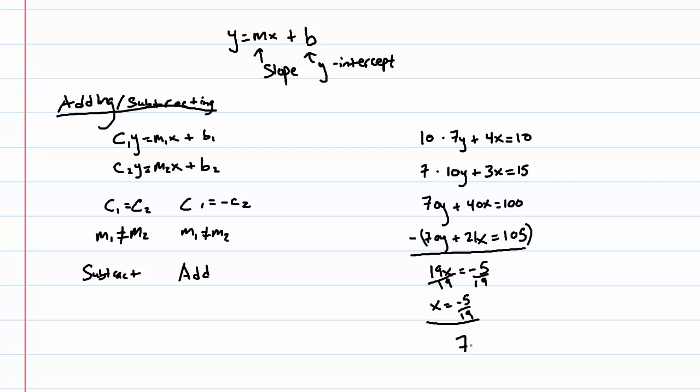If we look at one equation, 7y plus 4, plugging in our value for x, equals 10. And from here, you can see that 7y minus 20 over 19 equals 10. So y should equal 10 plus 20 over 19, all over 7.